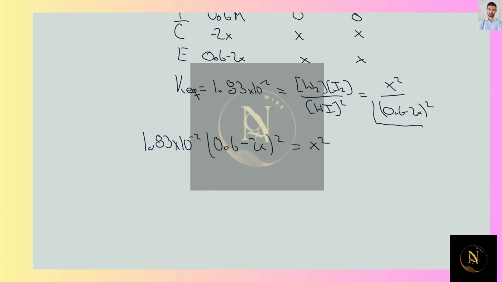Expanding the left-hand side, we get 1.83 times 10 to the minus 2 times 0.6 squared, that is 0.36, minus the double product of the first term times the second, so minus 2.4x, plus the square of the second term, so plus 4x squared. And this needs to be equal to x squared.